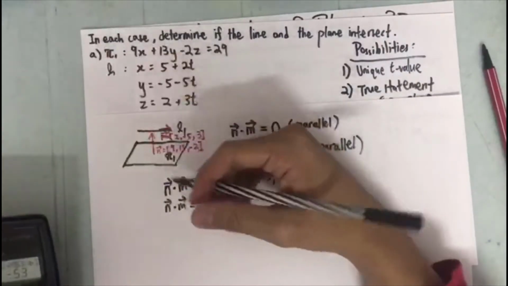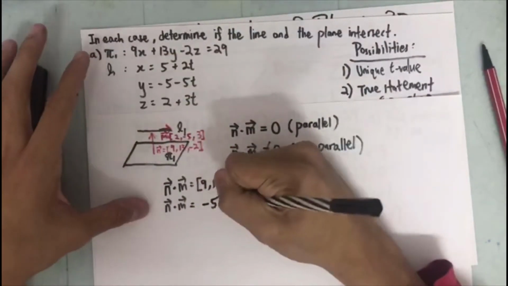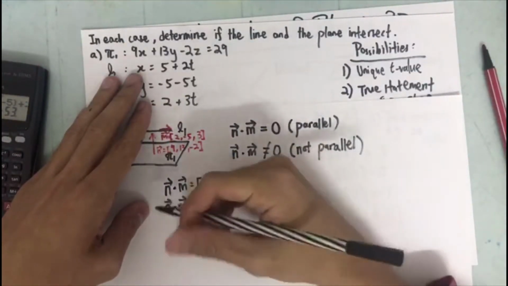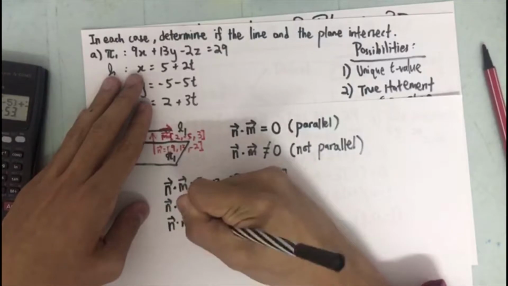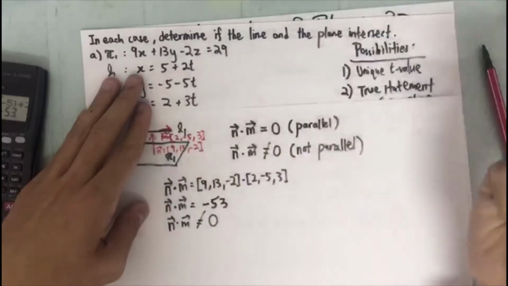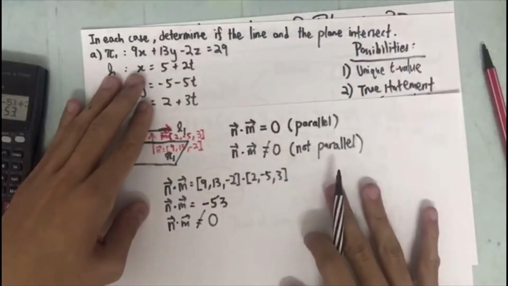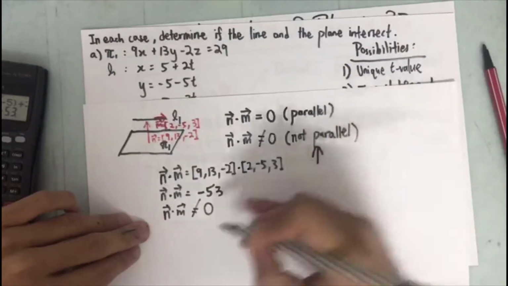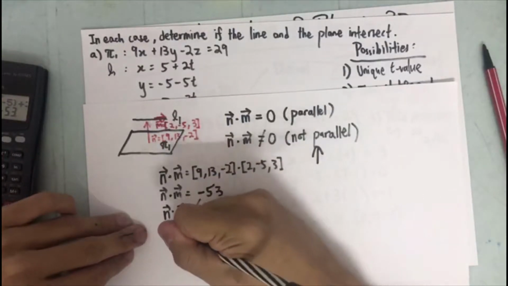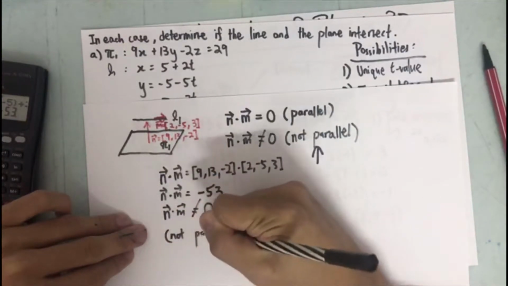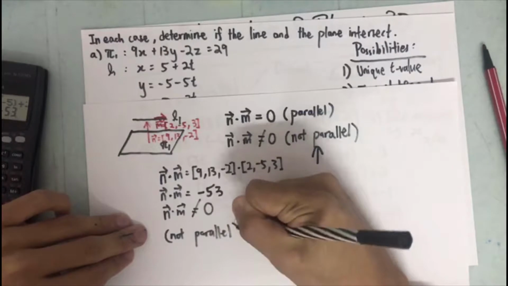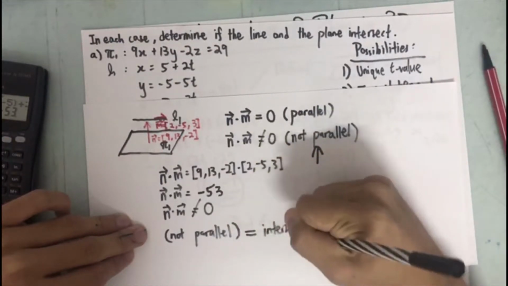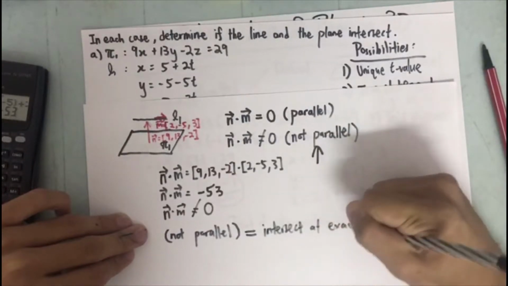And you found it is -53, their dot product, which tells you that it is not equal to 0. Therefore, they are not parallel, which means they intersect at exactly one point.